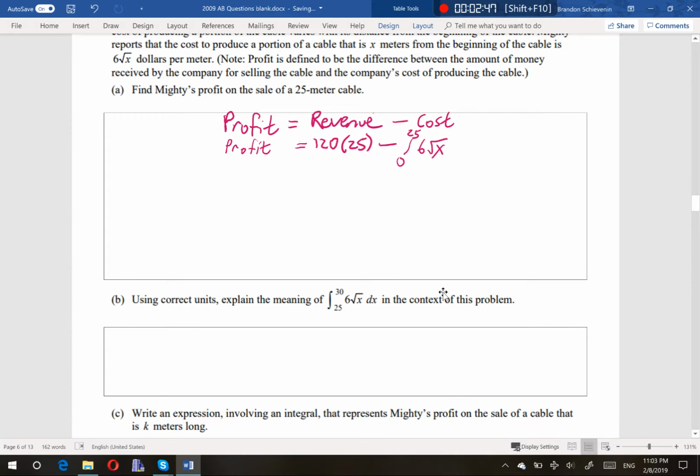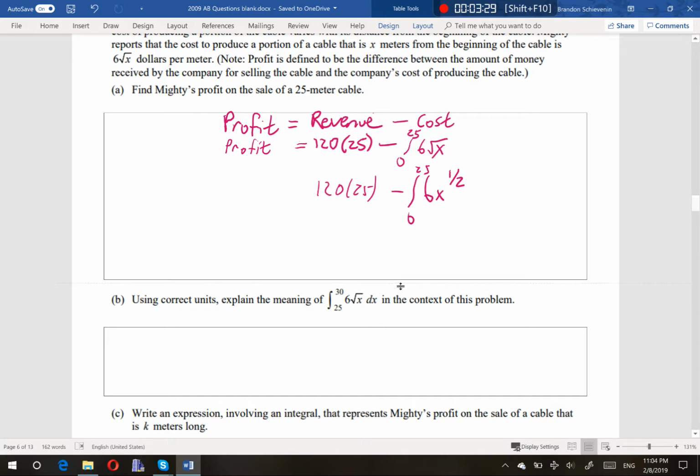Okay, I could say that 6 root x is the same as 6 times x to the 1/2 power. And then I could multiply this out. I think I'm going to leave this just like this for now, because I'm going to have to plug in a 25 at some point, and that might end up canceling. What's going to happen if I integrate 6 times x to the 1/2 power? It's going to be 6x.